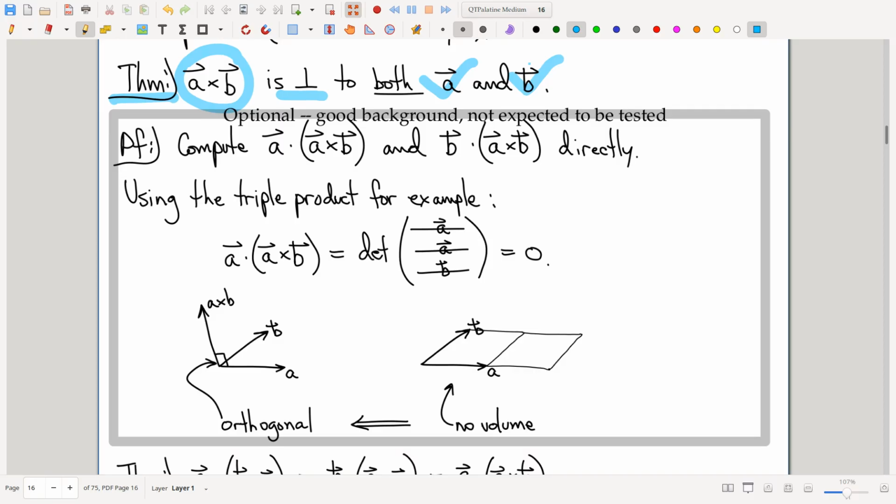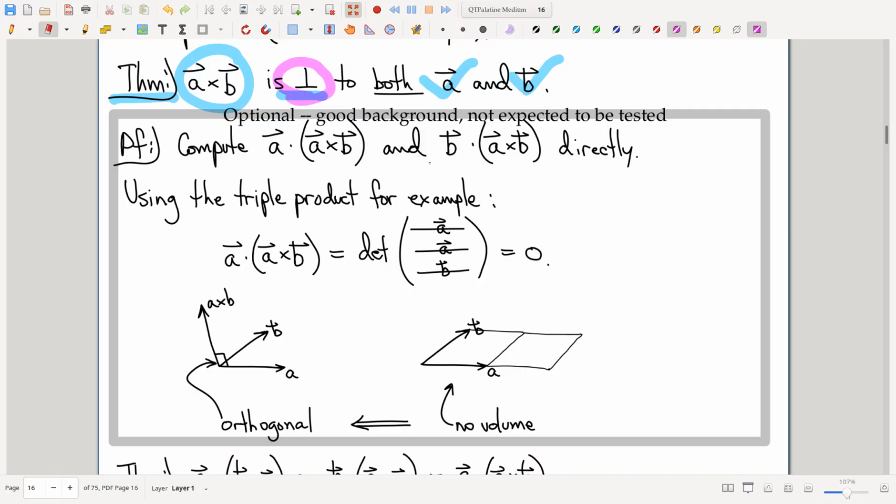Now, why is that true? Well, you can prove it in a couple different ways. One way to prove orthogonality is to compute the dot product and confirm you get 0. So you can just straight up punch up the algebra. There's really not that much to it. You just write it down and boom, there it is.